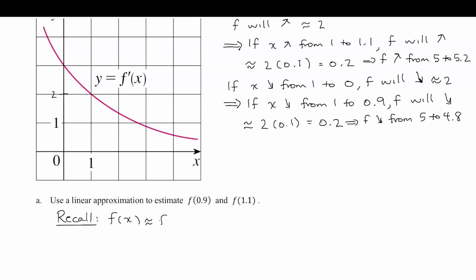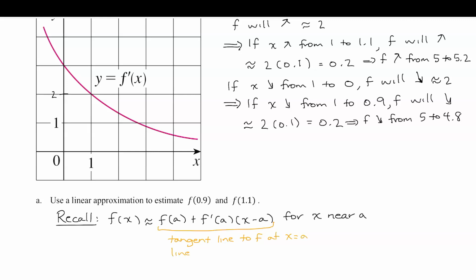Part A says use linear approximation, which basically boils down to the same thing, but now that we have the basic idea under our belts, let's just recall that f of x can be approximated by its tangent line equation when you're near the point of tangency, for x near a.